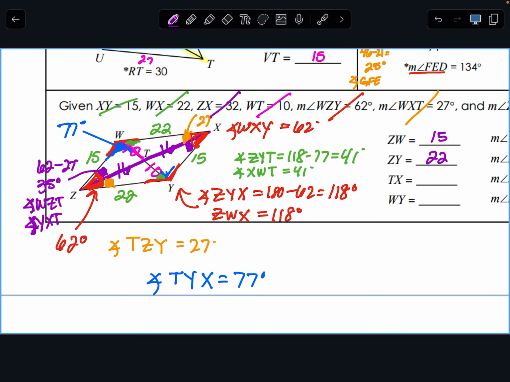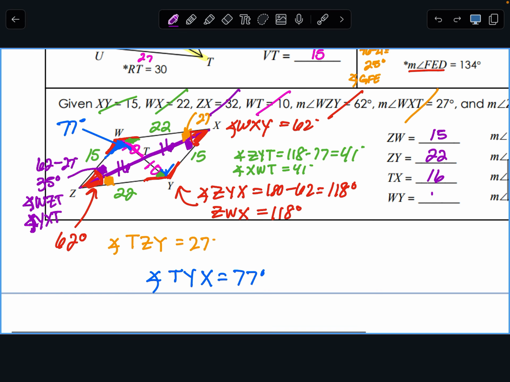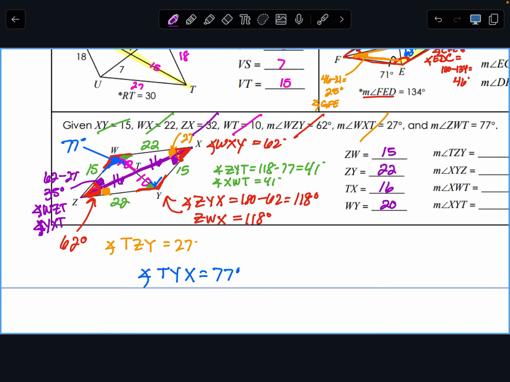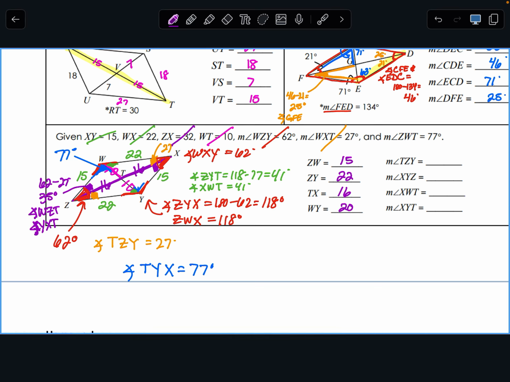And TX, 16. And WY, now be careful, the whole thing is how much? This is 10, it's 20, that's right. So they just want you to know that that's how we bisected it and then add them together, so this is 20. Okay, now we're going to look at angles. This is a little bit more complex just because there's a lot of stuff on one picture.